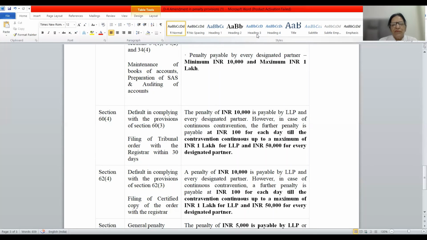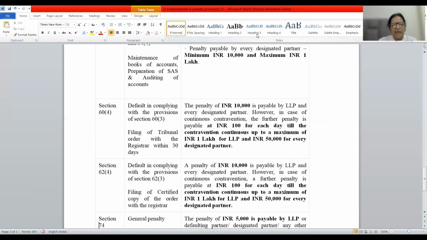And if there is default in filing, then in that case there is a penalty of rupees 10,000 which is payable by LLP and every designated partner. In case of continuous contravention, further penalty is payable at rupees 100 for each day till the contravention continues up to a maximum of rupees 1 lakh for LLP. So here also, the same amount. The maximum amount is 1 lakh for LLP and 50,000 for every designated partner.